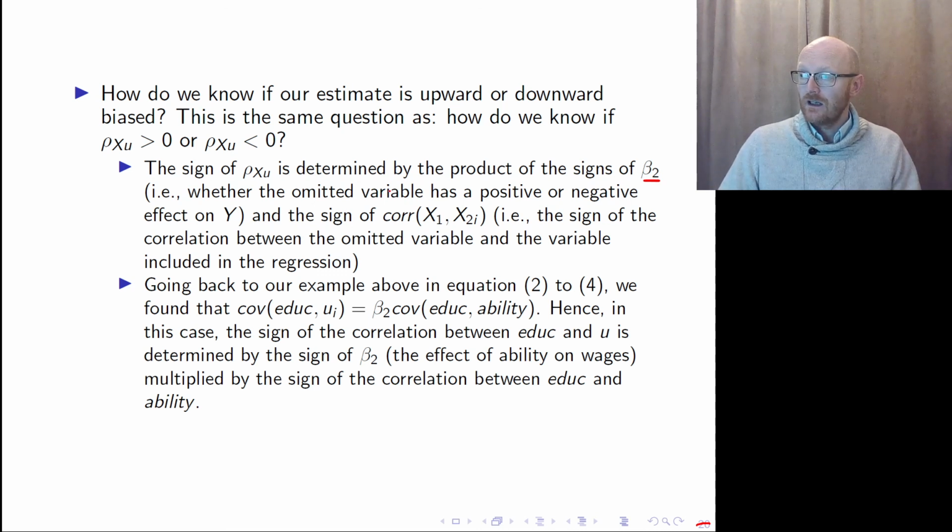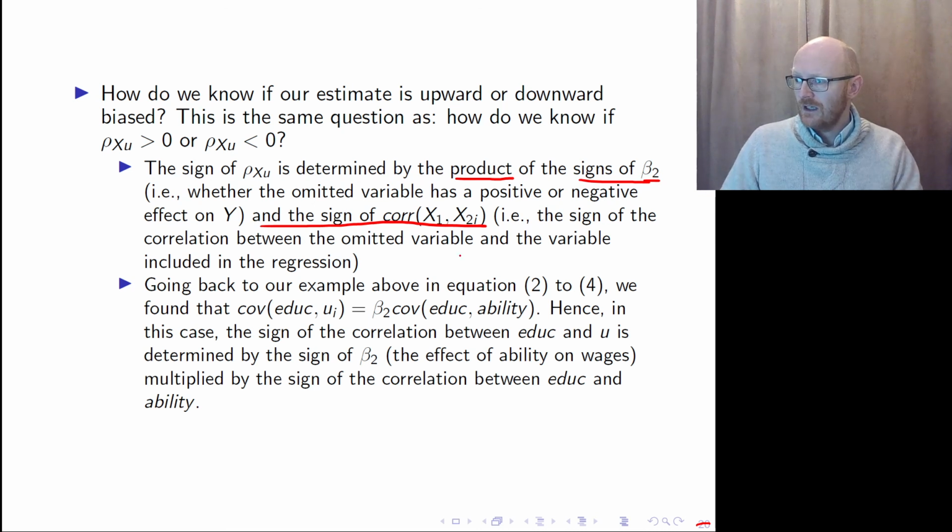In our case, x2 is the ability variable, which logically should have a positive effect on wages. So it's the product of the signs of the slope on the omitted variable and the correlation between those two variables. Okay.